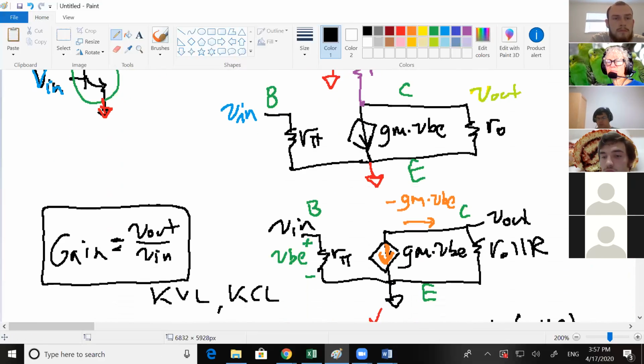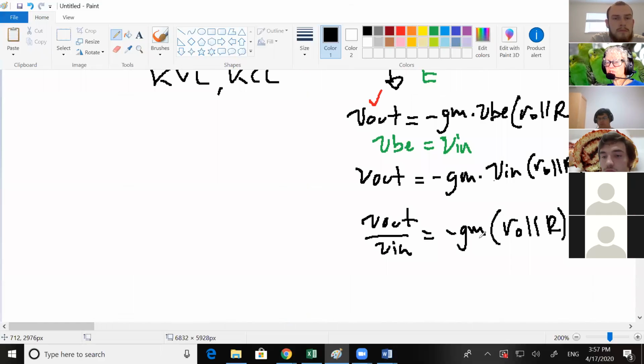It's often much simpler to solve using GM and RO and RPi. And then when you want to find a value, just replace those with the IC over VT and the VA over IC. This is just to make it a little bit prettier, but it's not really necessary. Most people solve to here and then replace it with the IC over VT or whatever.